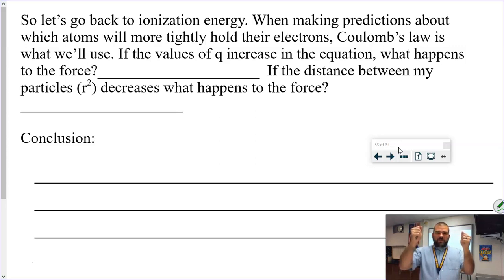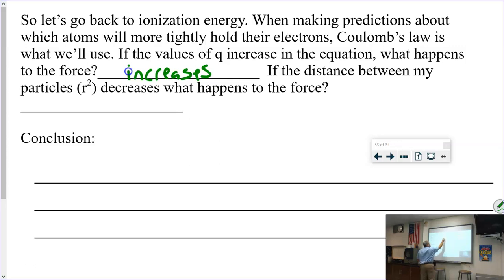Would we expect a stronger or a weaker attractive force? The answer is that it should be stronger. There are more positives, more negatives, and those forces of attraction are increasing. That's Q. Bigger charges, stronger attraction. That makes sense. It's kind of intuitive.